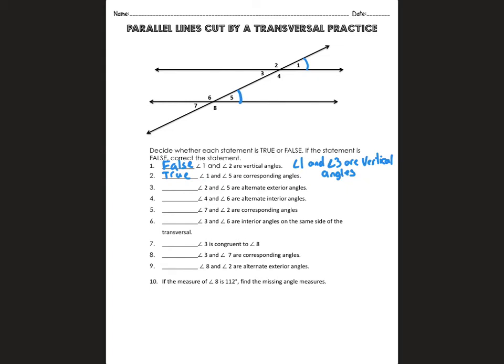Next, angle 2 and angle 5 are alternate exterior angles. So 2 and 5. Now 5's not an exterior angle. So these can't be alternate exterior angles. They actually don't have any relationship whatsoever.